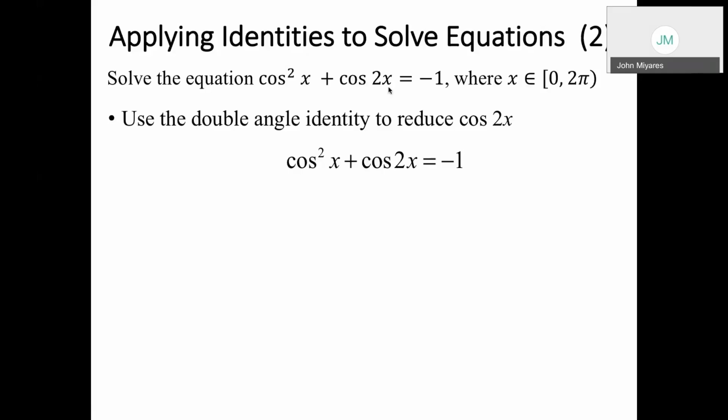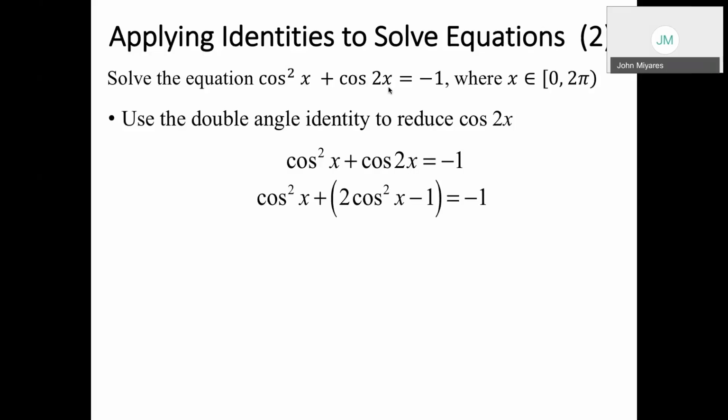Given the choices, I want to use the one that says cosine of 2x equals 2 cosine squared x minus 1. I want to use this formula because it will allow everything to be converted into cosines, and because any other variation on this formula is going to introduce sines, and that will get very messy very quickly.